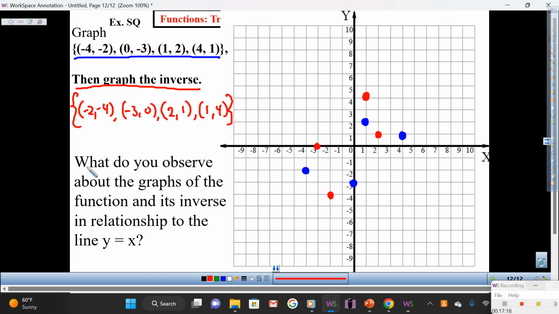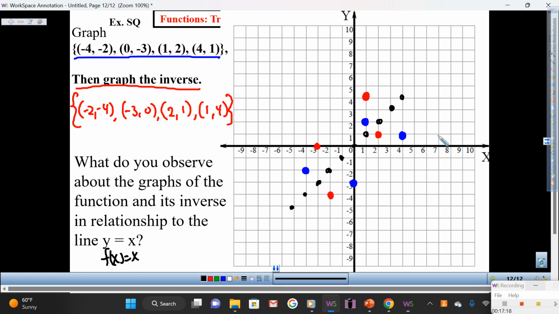Now it says, reflective question. What do you observe about the graphs, which means those plots that we just graphed, the function and its inverse in relationship to y equals x? Or in other words, if we were to graph f of x equals x, let's see, -2, -1, 0, 1, 2, 3, 4, and so on and so forth.